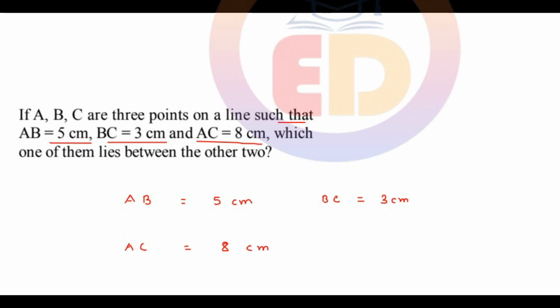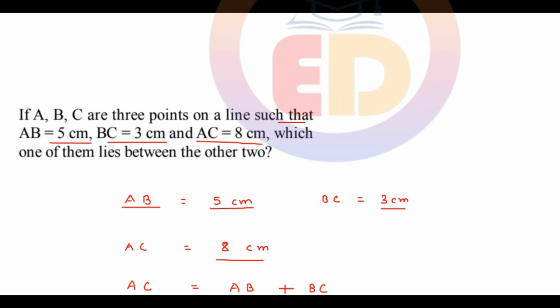Now if you analyze the statements clearly, we can see that AB 5 and BC 3, when you add these two, then we are getting the value of AC. We see that AC is actually sum of AB plus BC. AC is 8, AB is 5 and BC is 3.